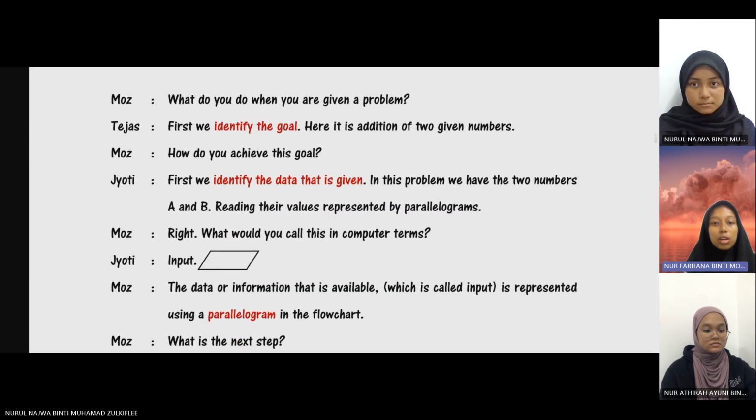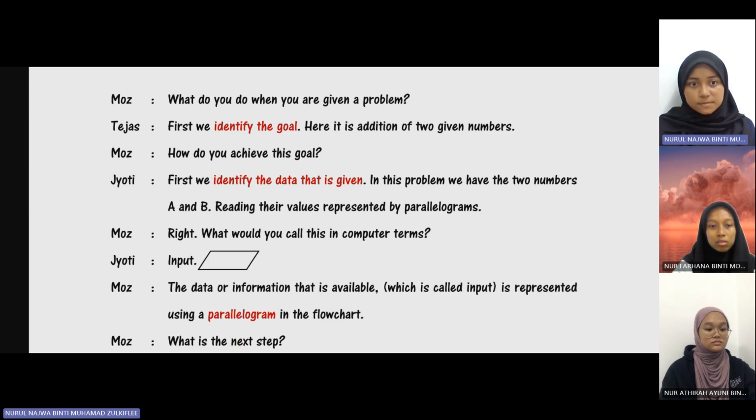What do you do when you are given a problem? First, we identify the goal. Here it is the addition of the two given numbers. How do you achieve this goal? First, we identify the data that is given in this problem.